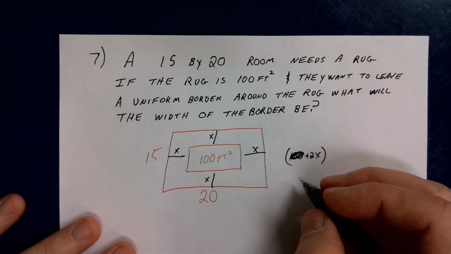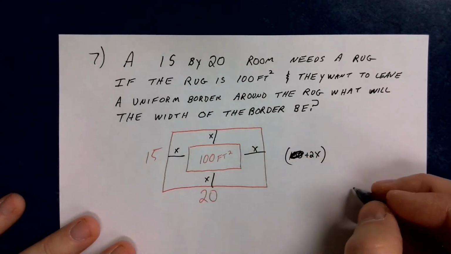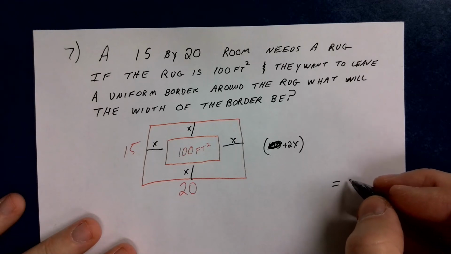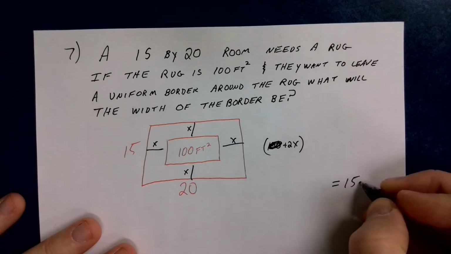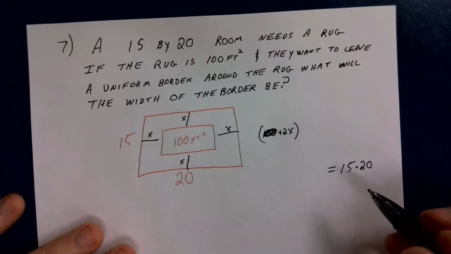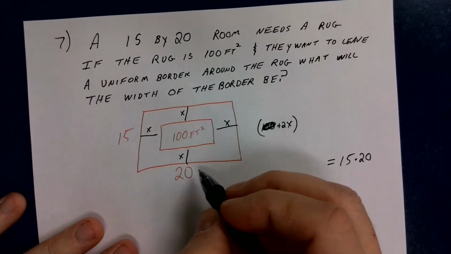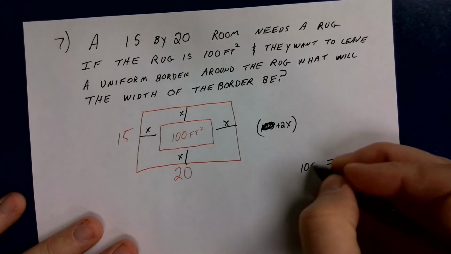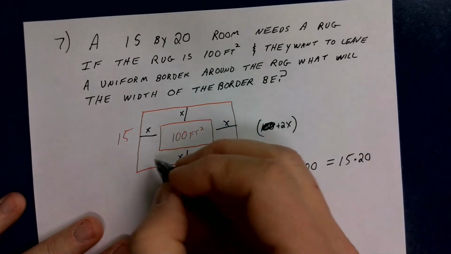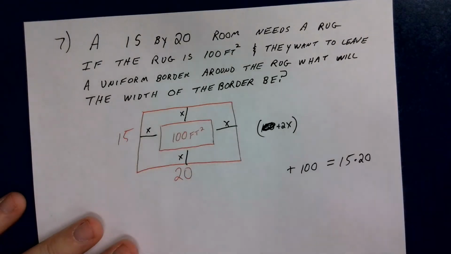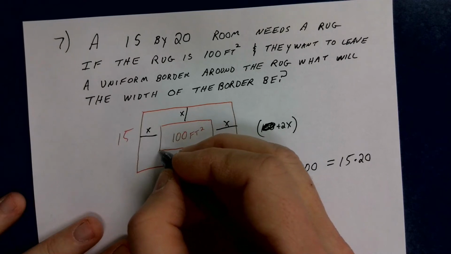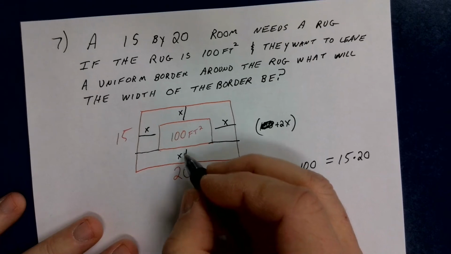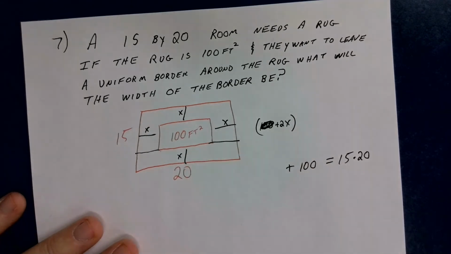Well, we know that the area of the whole thing is 15 by 20, right? And how can I represent some of the other things? Well, I know that's 100 plus, what's the area of this stuff right here? This is a rectangle that's 20 by x.